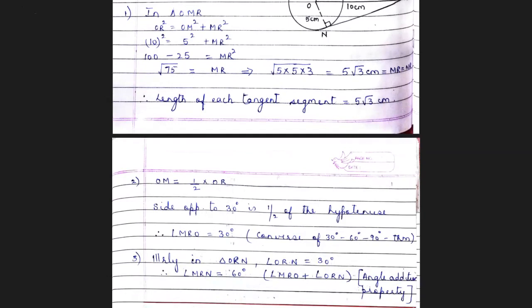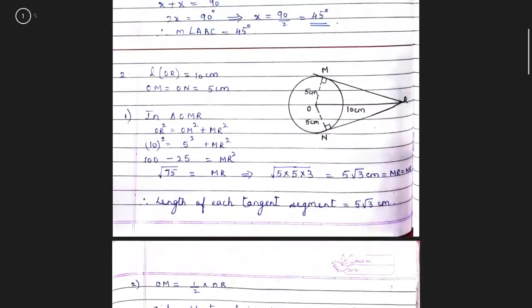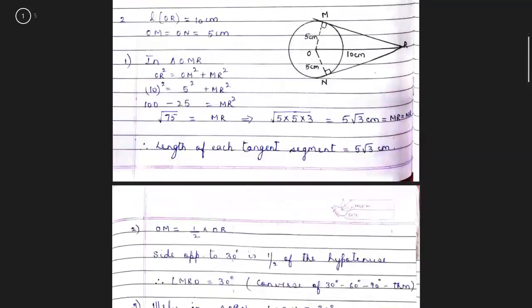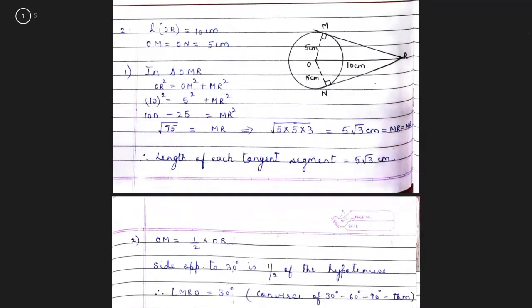Same reason, converse of 30, 60, 90 degree triangle theorem. Therefore, angle MRO plus angle ORN, by angle addition property, 30 plus 30 comes to 60 degrees. So angle MRN is 60 degrees.